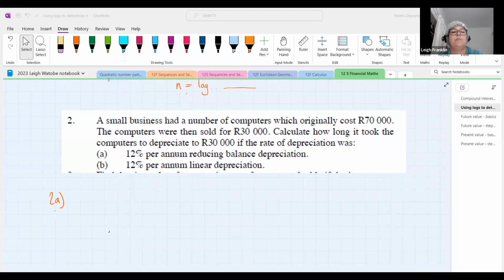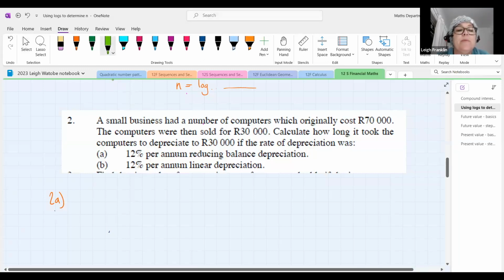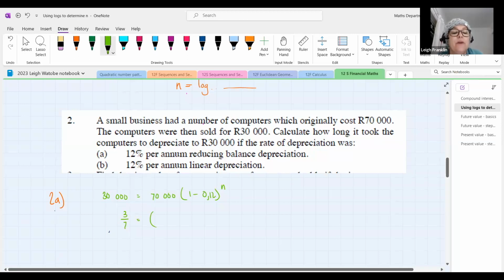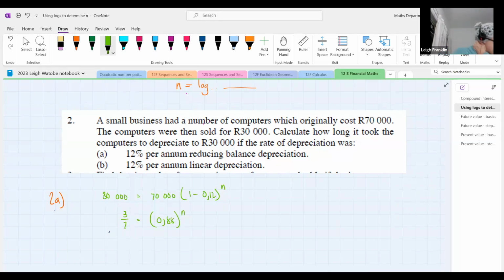in question B. So just very quickly, just so that if there are people that want to come back and watch the video again, let's just do this. Something depreciates to 30,000 if it was originally 70,000. It depreciated at a rate of 12% per annum. So that means we end up with 3/7 when we divide both sides by 70,000. And then on this side over here, this would be 0,88 to the power of n.